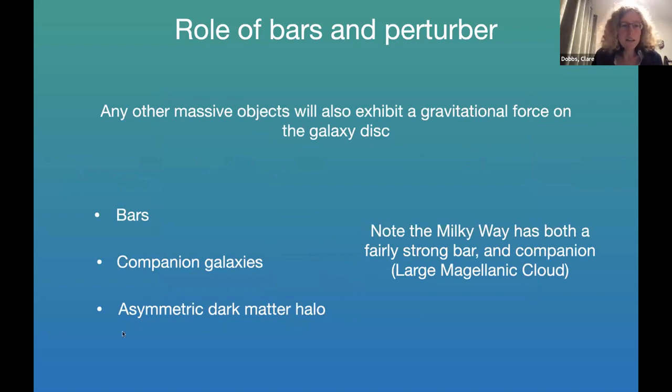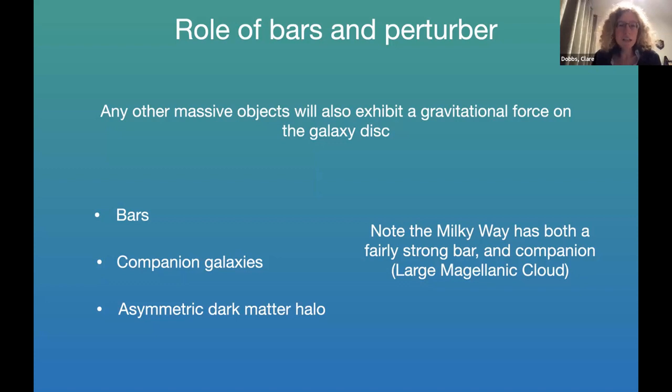But there are other things that might influence the galactic disk, things that have a large mass that will exhibit a gravitational force. So bars in the center of the galaxy, companion galaxies, and a more exotic one, which I won't really say much about.